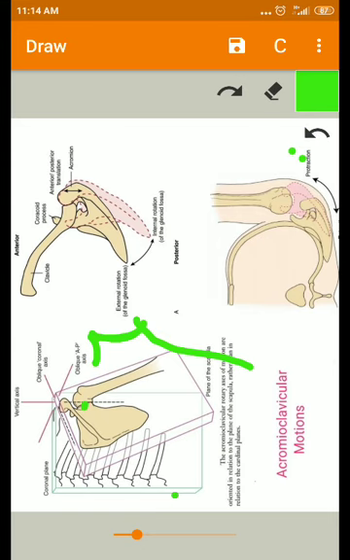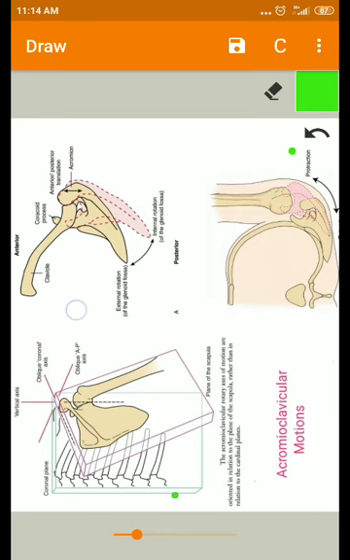In the case of external rotation, what is happening? The glenoid fossa is facing posterolaterally. So that means in internal rotation, the glenoid fossa is facing anteromedially, and then internal rotation of the scapula has occurred.